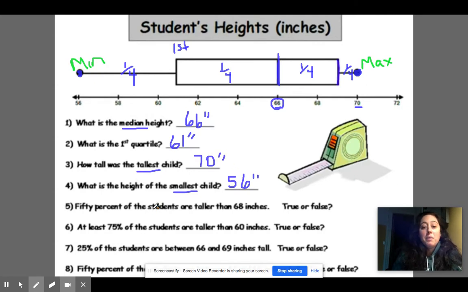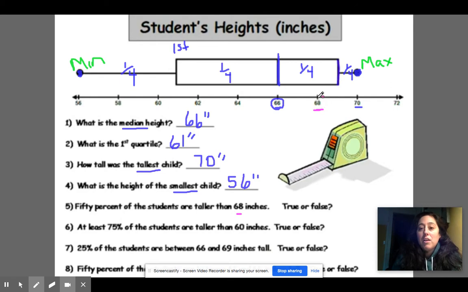Okay, now we've got a couple of true and false questions. 50% of the students are taller than 68 inches. So here is 68 inches. Let me use a different color. Let's do pink.